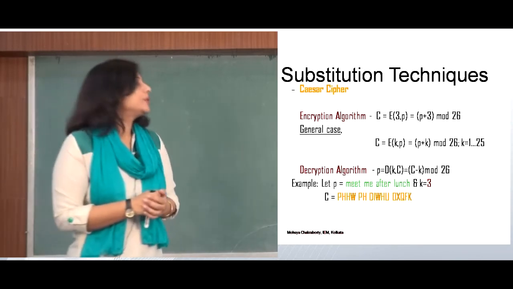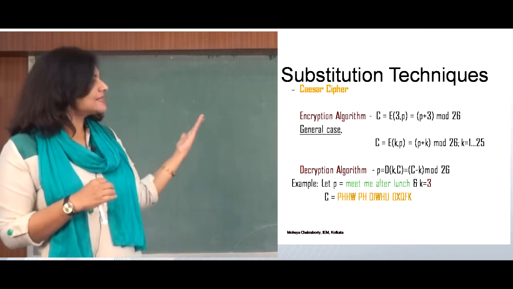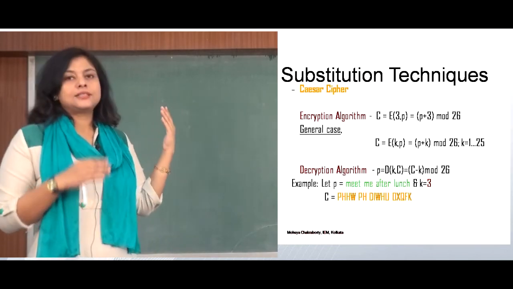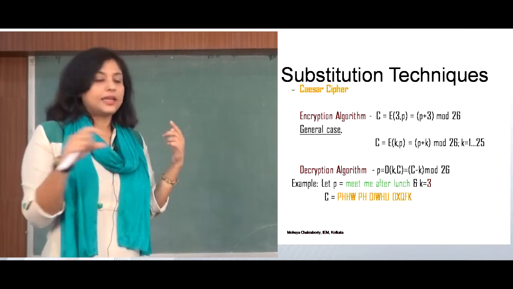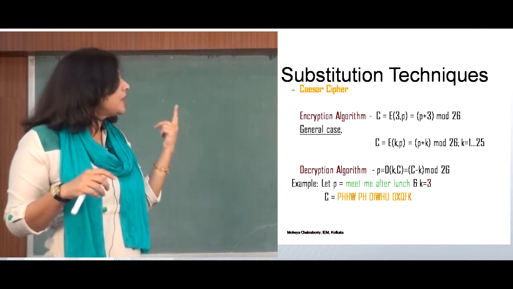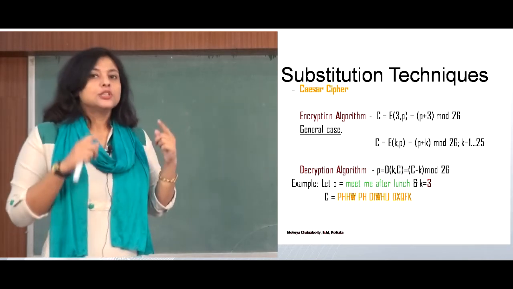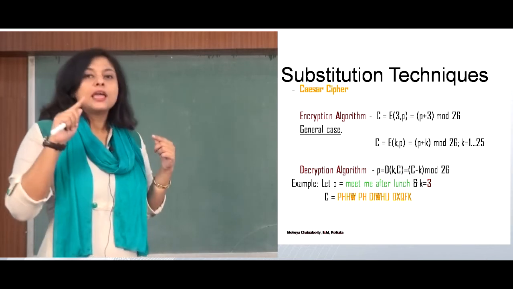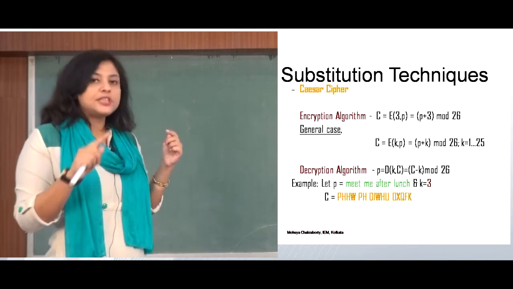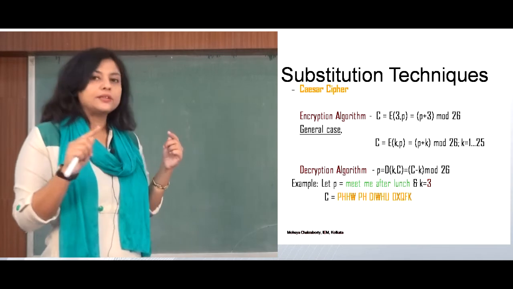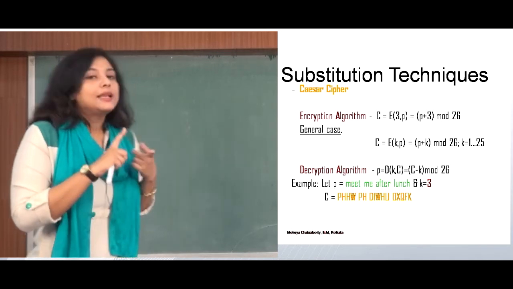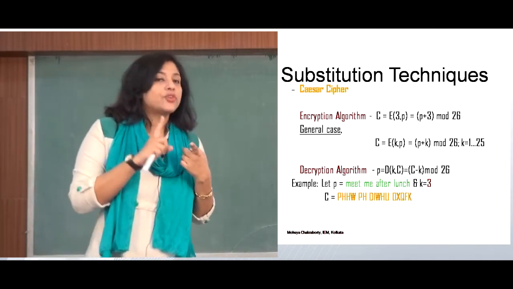Let's look at it with an example. Let's say we want to send the information P equals "meet me after lunch", that is MEET ME AFTER LUNCH, and let's say the key is 3.